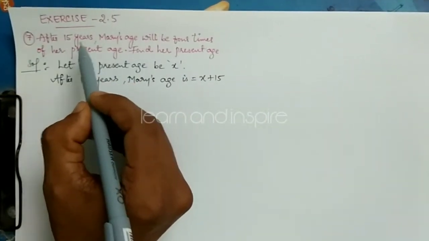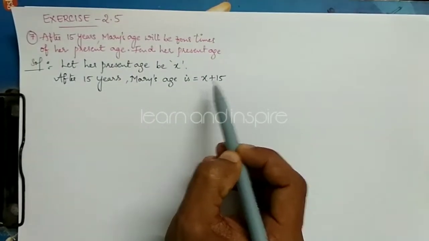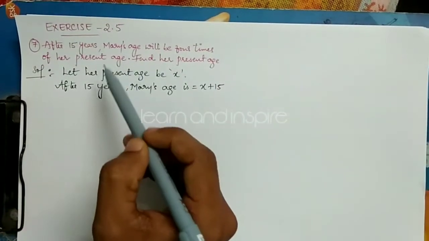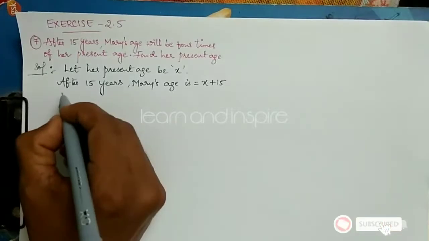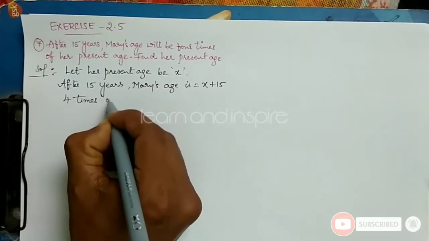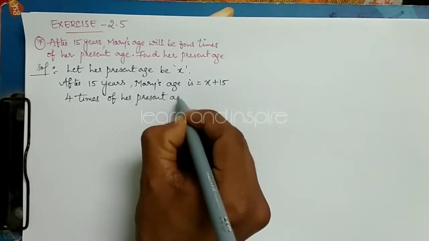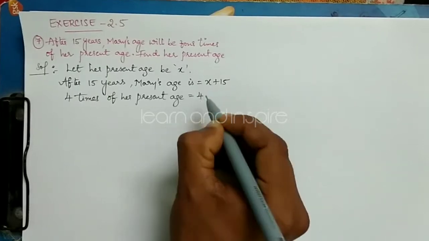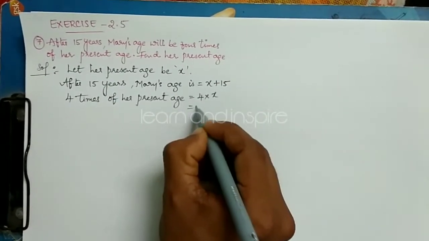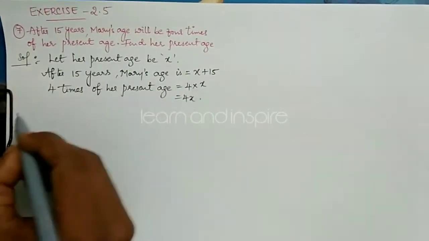So after 15 years her age is x plus 15, and that will be 4 times her present age. 4 times her present age means 4 is multiplied with the present age x, which equals 4x.